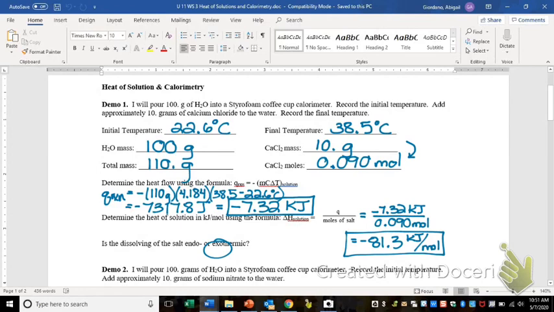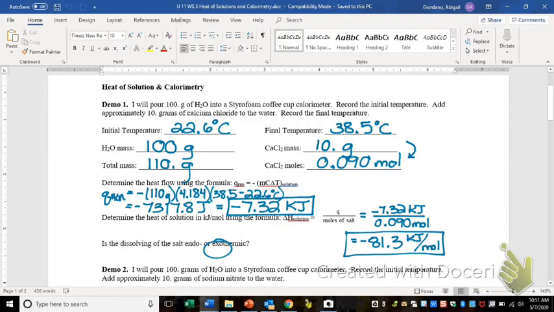So this is a little different because it doesn't seem like there are two parts to this situation, but there sort of are. There's the solute itself, and that's sort of the heat of the reaction. And then you can think of the water as the other part. So the dissolving released heat and the water absorbed it.